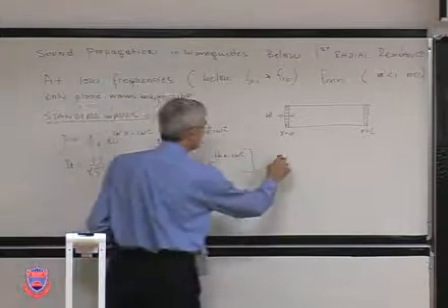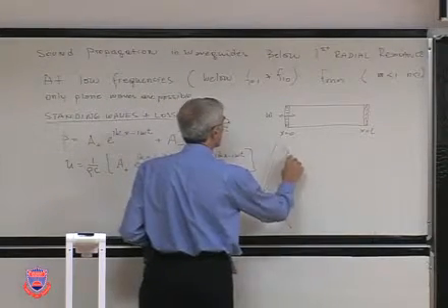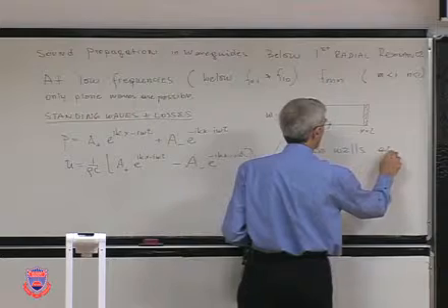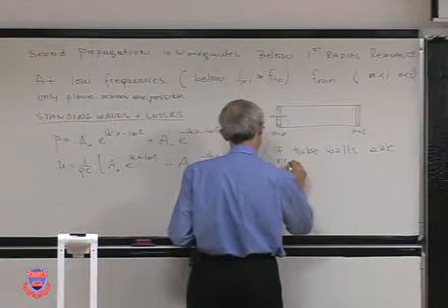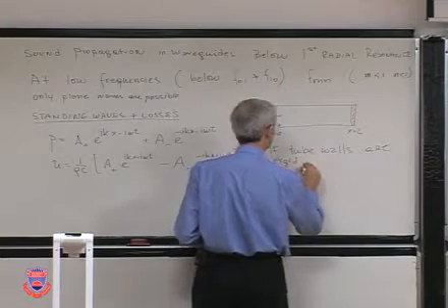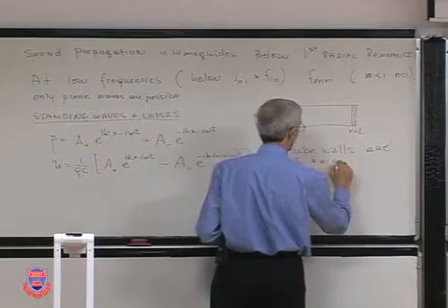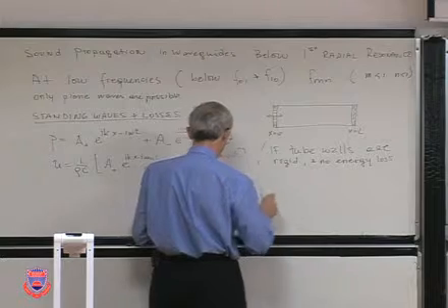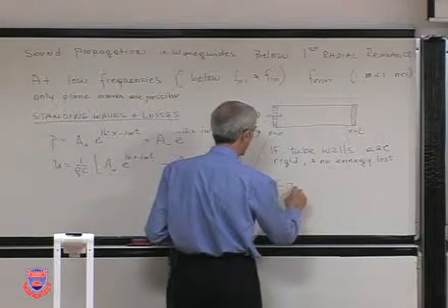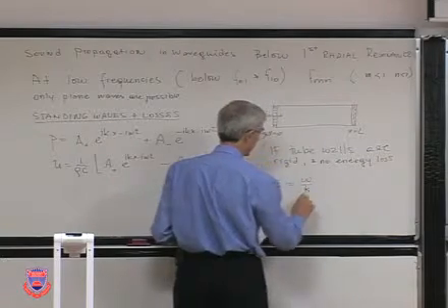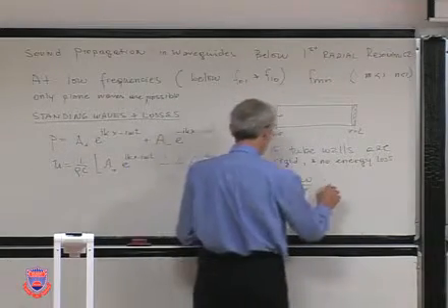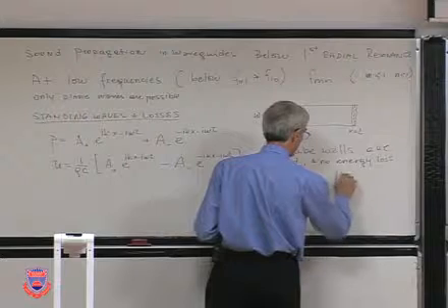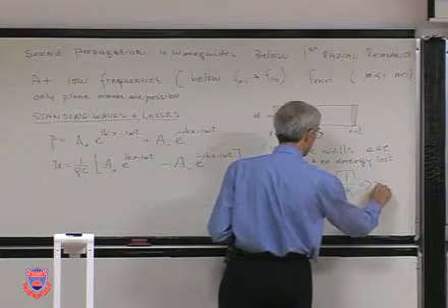Now, if tube walls are rigid, and no energy loss, then the speed of sound, which is defined as ratio of the radial frequency to wavelength, and also you might remember from earlier compressibility, this is real.